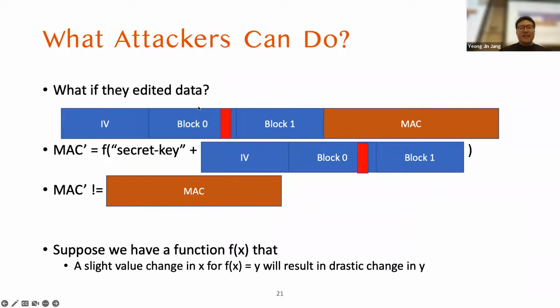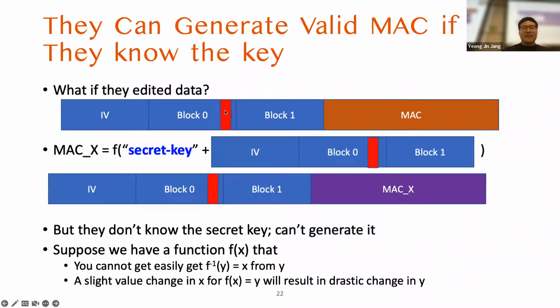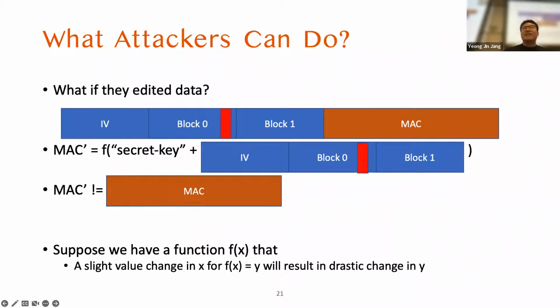Suppose the attacker edited the data. The red part here is what the attacker modified. When I load this data, I don't know whether it is modified or not, so I run that function with the secret key attached to the data part.